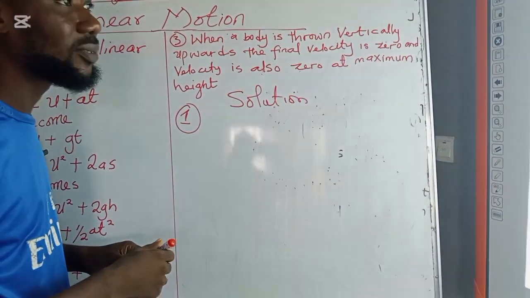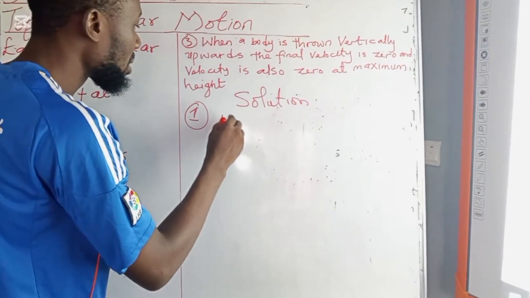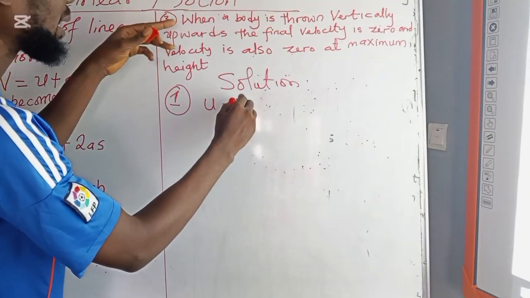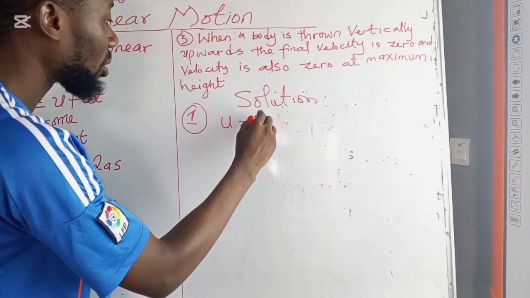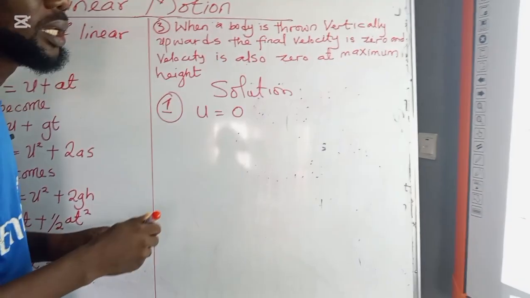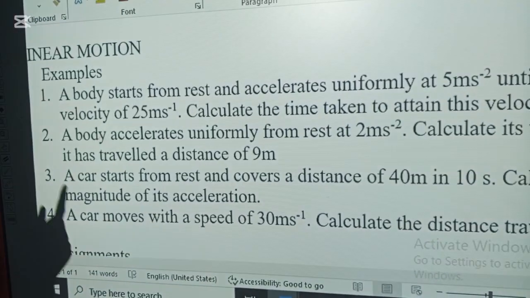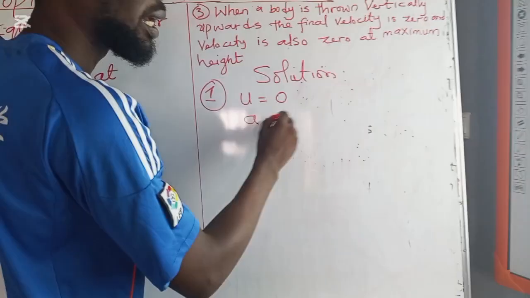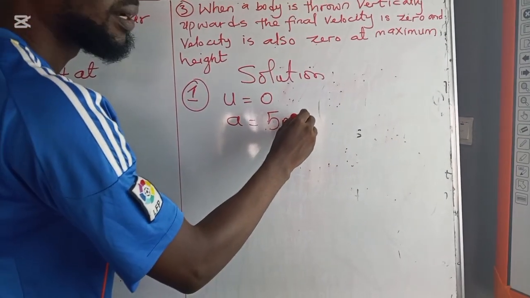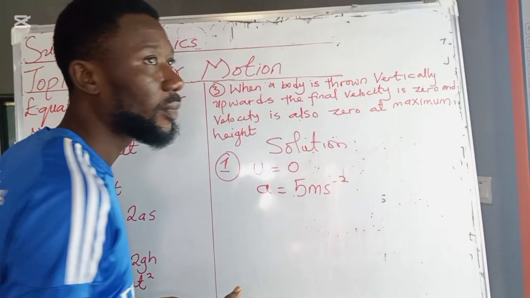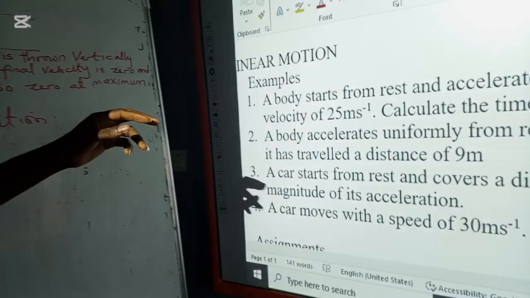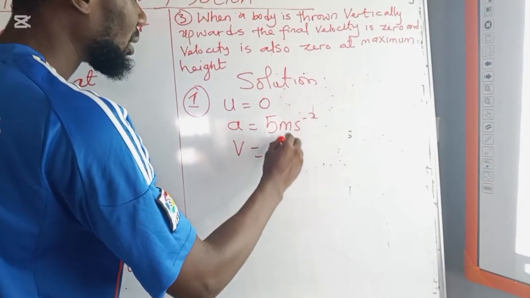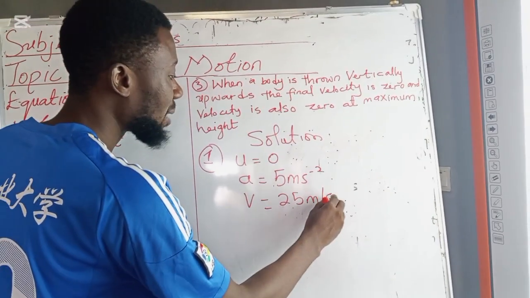It says a body starts from rest, which means the initial velocity, according to note number one, is zero. It accelerates uniformly at 5 meters per second, so acceleration is 5 meters per second square. Until it attains a velocity of 25 meters per second, so velocity is 25 meters per second.